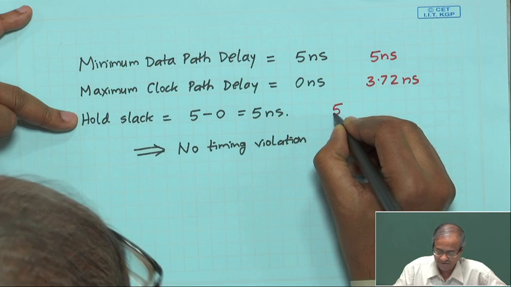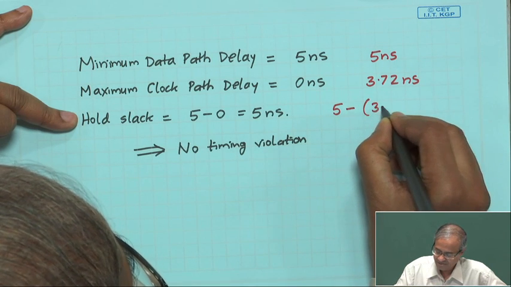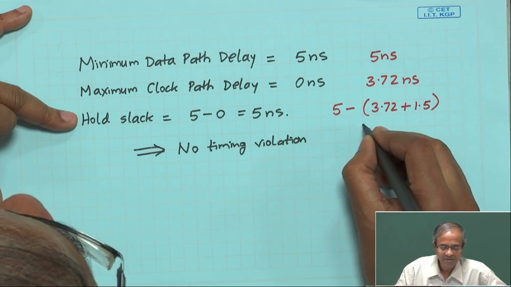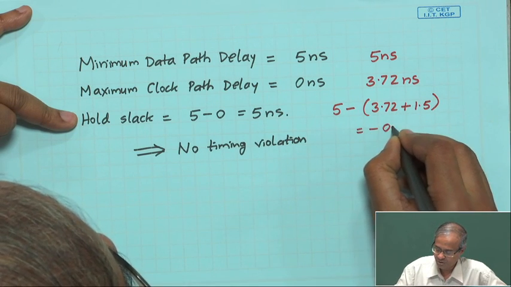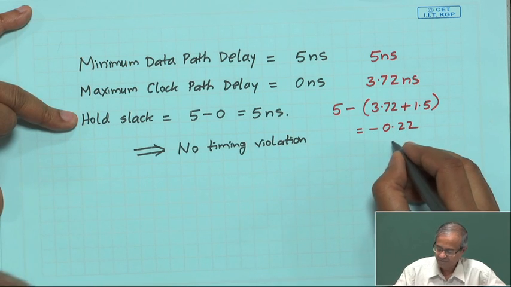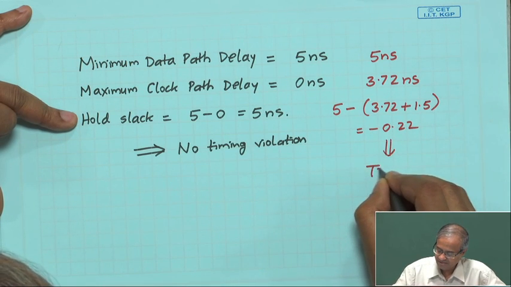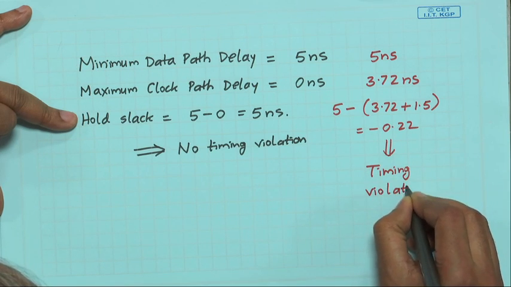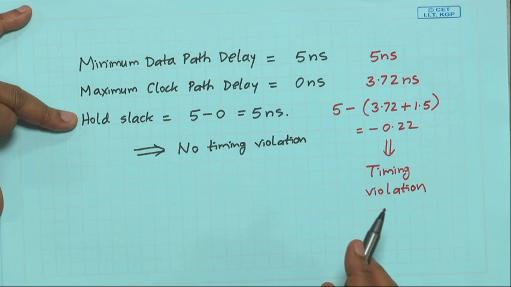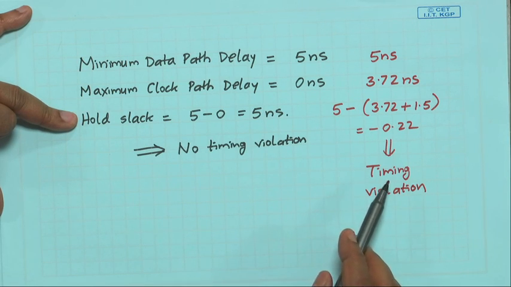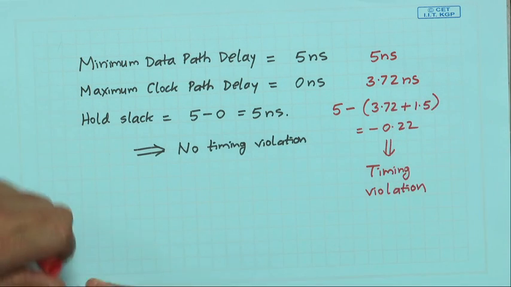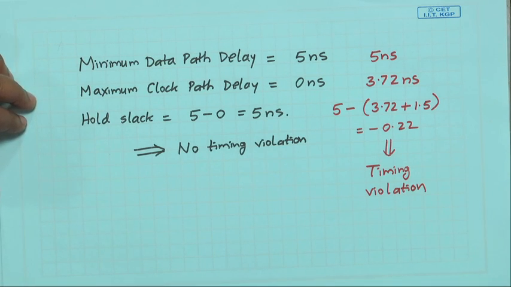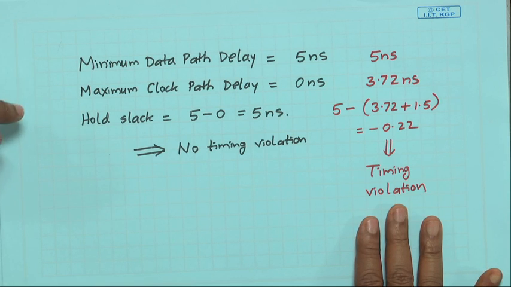So, this will become 5 minus 3.72 plus that hold time 1.5. This will be minus 0.22. This is coming negative, which means there is a timing violation. So, in this second case, if there is a clock skew of 3.72 nanosecond, you cannot satisfy the timing requirement anymore. There is a timing violation which is coming in. Okay.